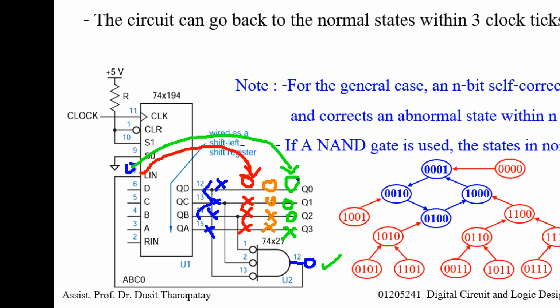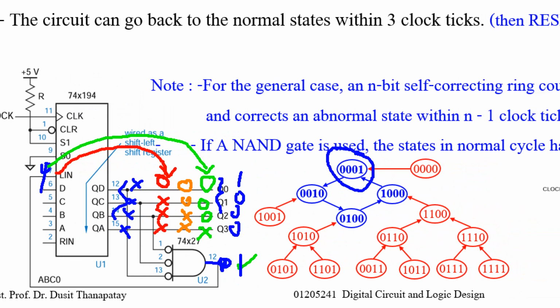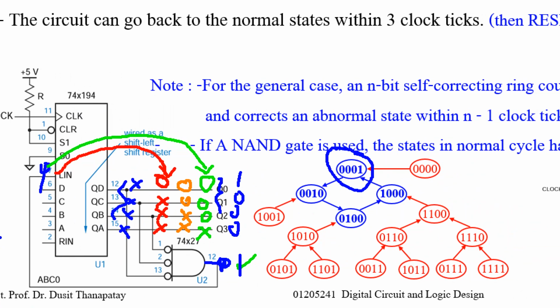So now you can see that this is all 0, 0, 0. That means this output becomes 1. When the clock ticks, copy these 4 bits 0, 0, 0 and read data from L in. Then it becomes 1 here. So now it has come back to the normal state. So for this circuit, we just wait for 2 or 3 clock ticks, and the circuit can go back to the normal state by itself.